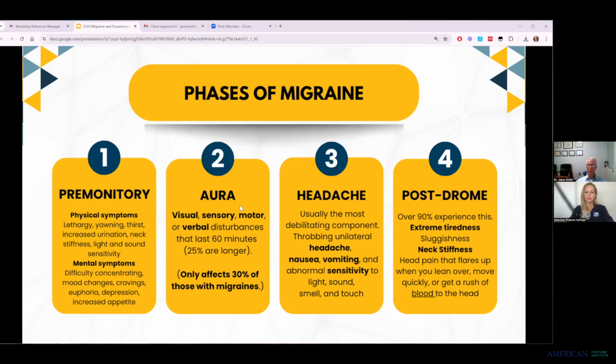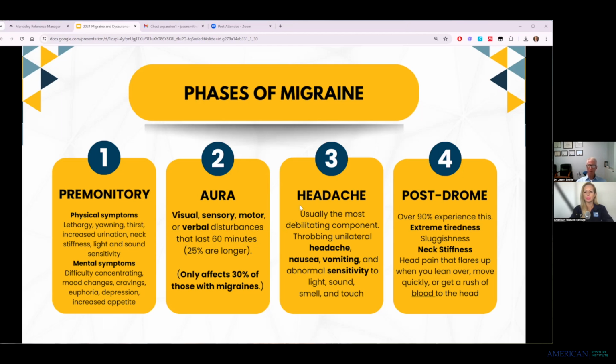And then once you get an aura, the common one is that sparkly circular pattern that people have, but you can also have weakness, sensory sensations, tingling, numbness in the face, or even difficulty communicating that can last 60 minutes, but even in 25% of the cases, it's longer. One thing that we should note is that only about 30% of people with migraines really even have aura. So don't be distracted or thrown off if there's no phase 2.